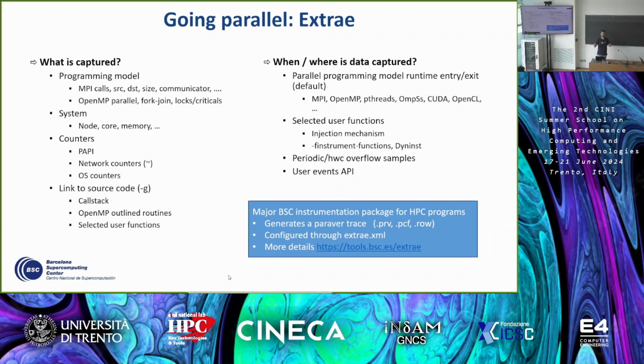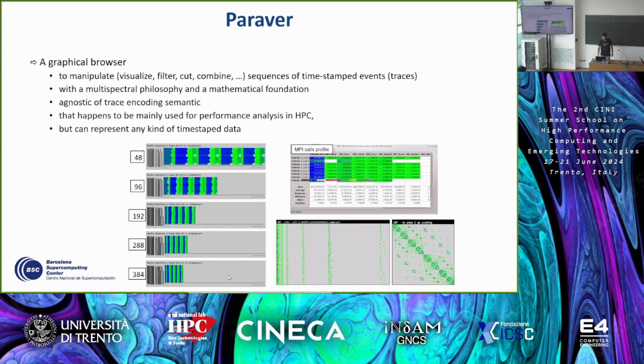Every time that you enter an MPI call, we can collect data. We can intercept the MPI call and collect data, for example some hardware counters. We collect all this into a trace, and then we have a visualizer that can show you what's going on.